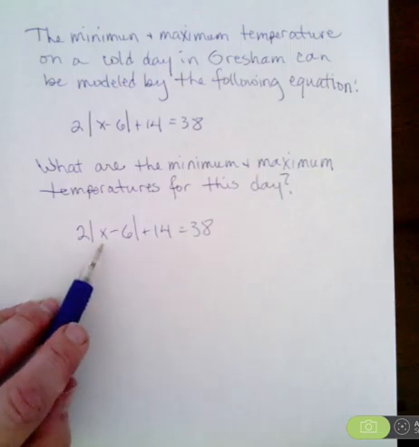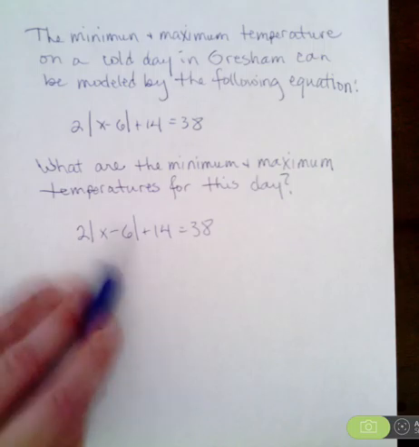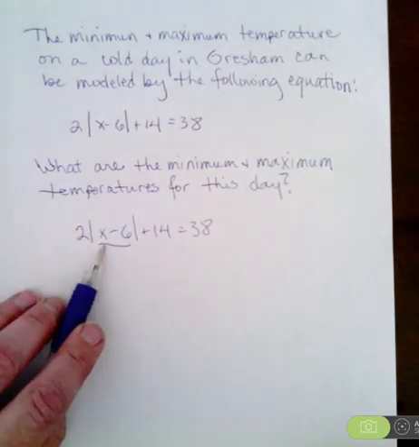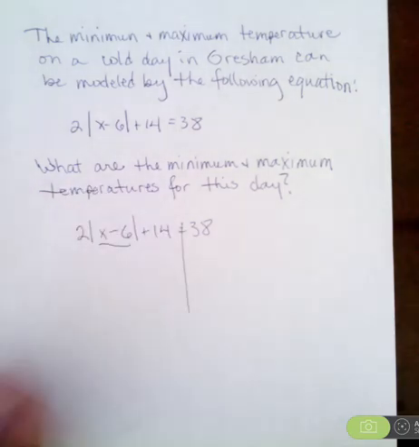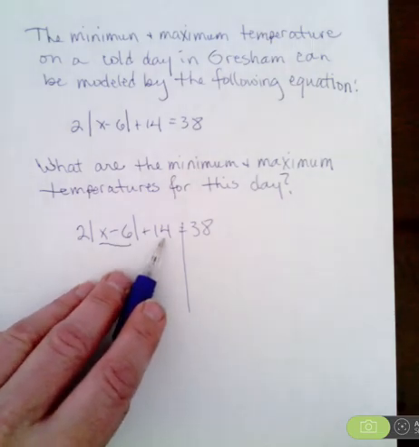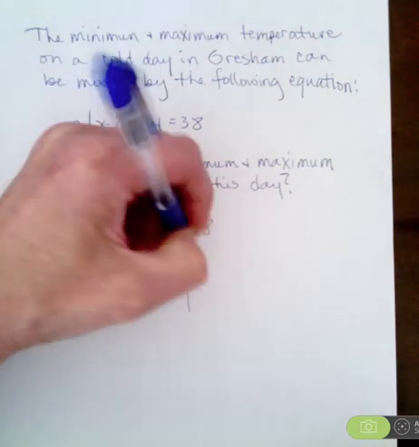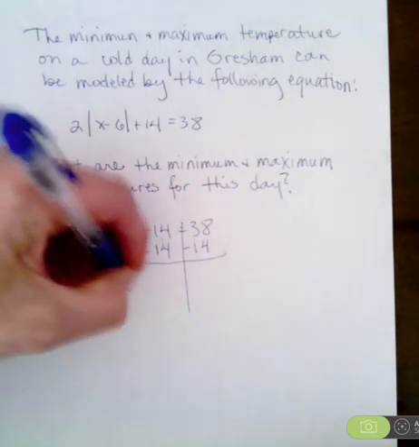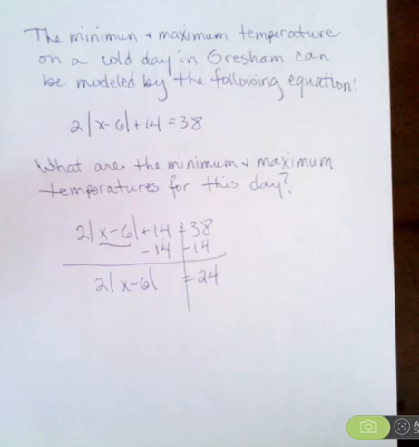As I'm looking at this, I see I have some multiplication of an absolute value portion, and this is the part I need to get by itself. I also have some addition. So similar to solving 1 and 2 step equations, I'm going to do the addition and subtraction first. I'm going to combine my like terms, and 38 minus 14 is 24.